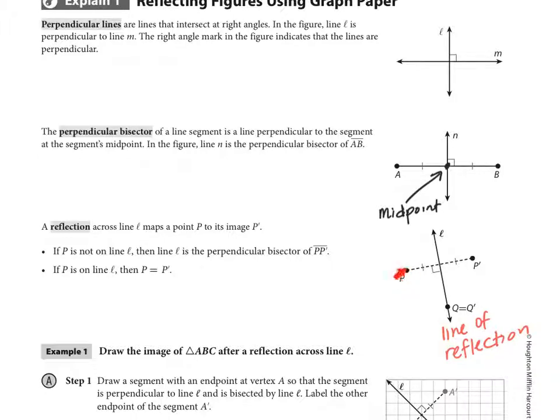So you can see here, point P is my pre-image in this diagram. P prime is the image. The result of the reflection is that the distance from P to our line is the same distance as the image, P prime, to the same line.